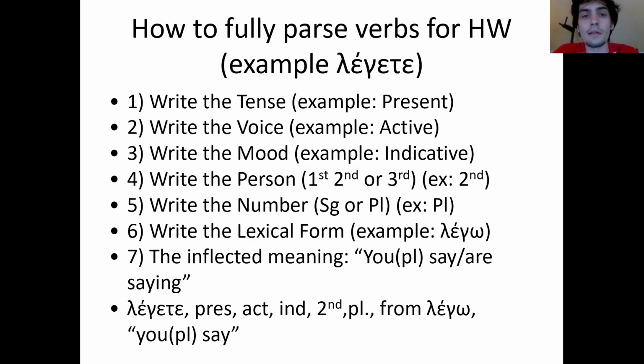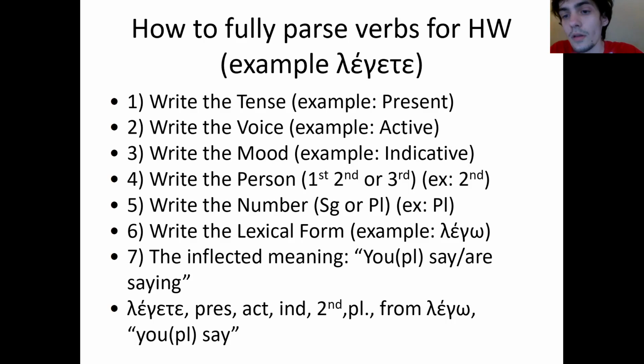So the tense. In this case, we have a present tense verb. Then you would write the voice. In this case, we have an active voice verb. Then you write the mood, how the verb is being used. And here we have indicative because of that ete ending. And then we have the person. First person, second person, third person.